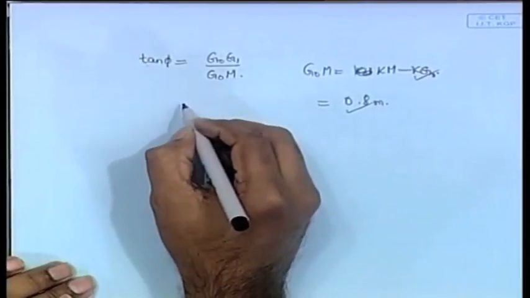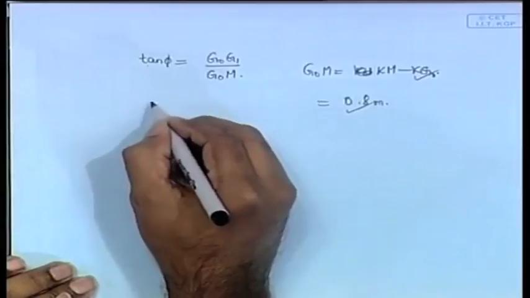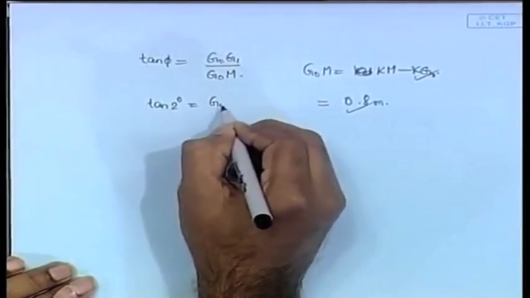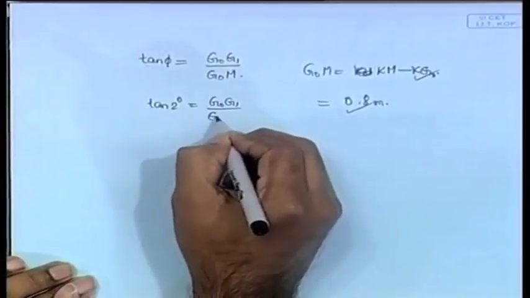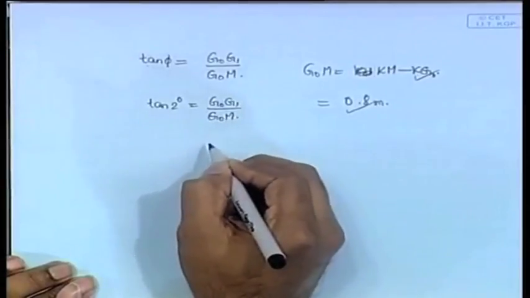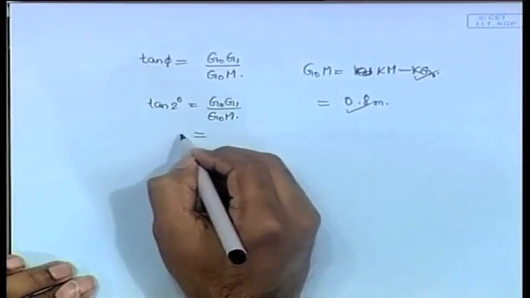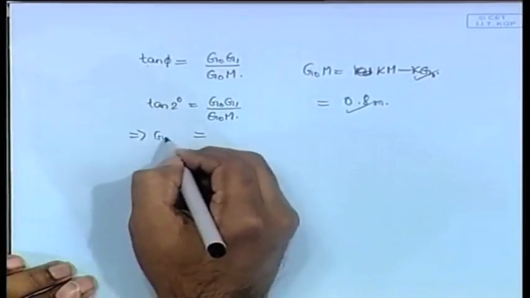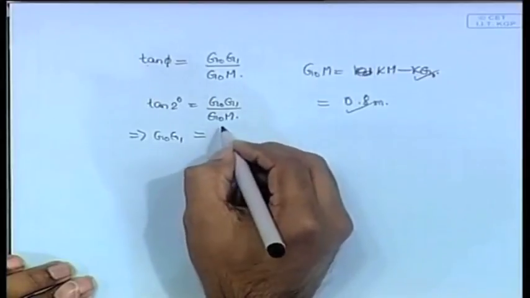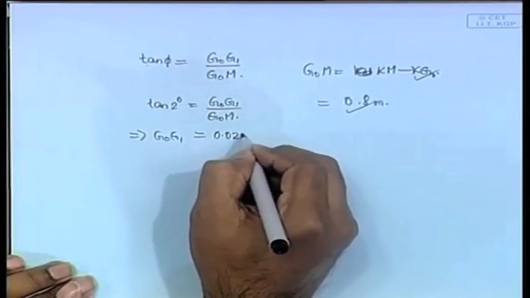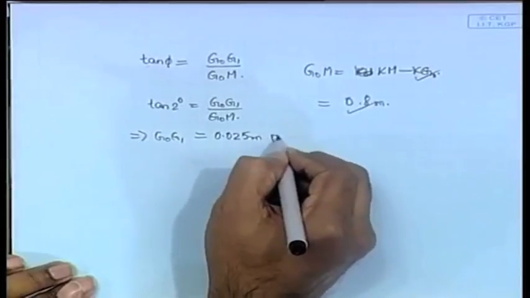So tan of 2 degrees is equal to G0G1 by G0M. This will imply that G0G1 is equal to some 0.025 or something meter port.